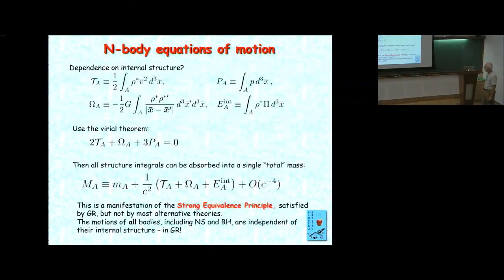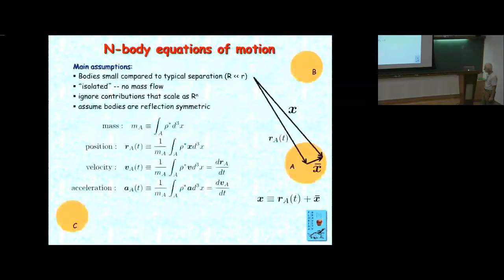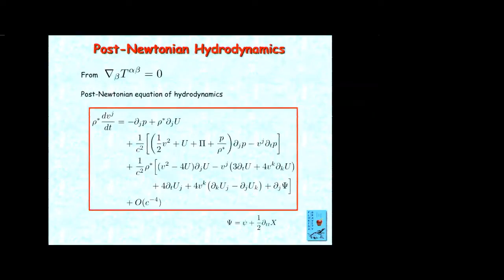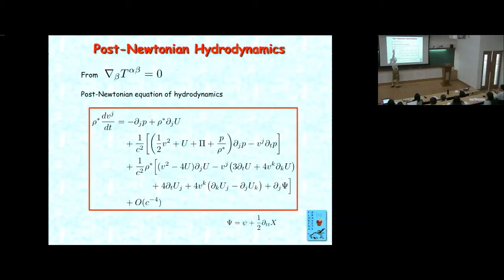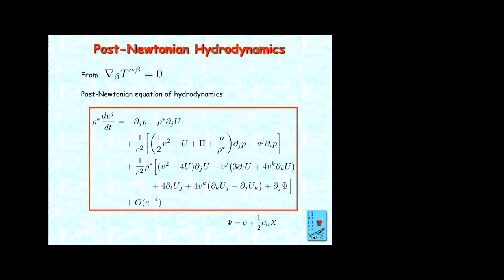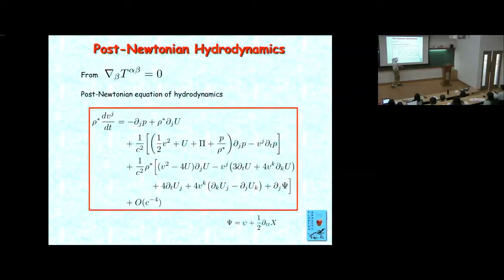You find, for example, that the acceleration of a body might depend on the kinetic energy inside the body. And here's an example of exactly such a term. Suppose I take this and integrate over body A to get the acceleration of body A. Well, here's a term that involves rho v squared, in body A, times the gradient of the potential. Let's suppose this is the potential from the other bodies.